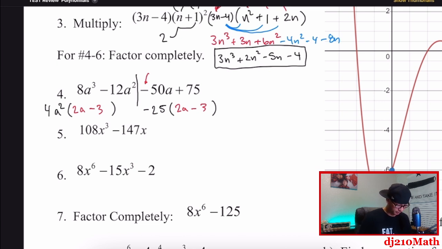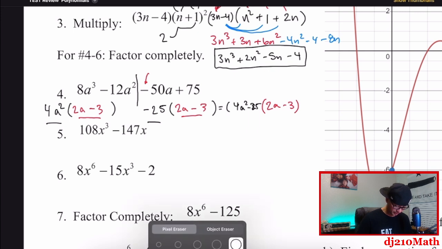So notice, the part inside the parentheses match. So that means that's a factor. 2a minus 3. That's a factor. And then the parts in black, the outside parts, we just group those together. So 4a squared minus 25.